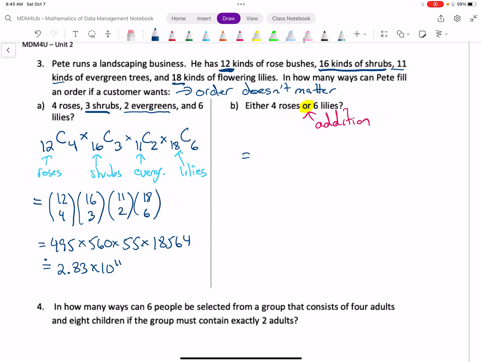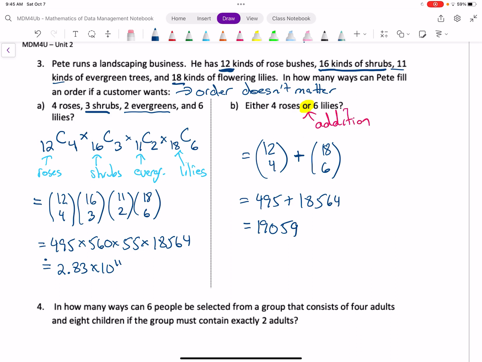So 4 roses, so that's this 12, choose 4, because there were 12 to choose from. And then I add the next one, which is lilies, so I have 18, choose 6. And again, you could write it either way you want. So I punch that in. And I get my answer.